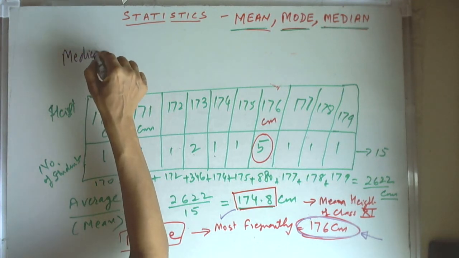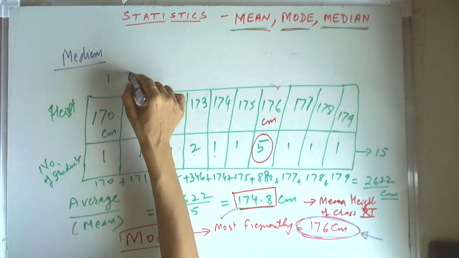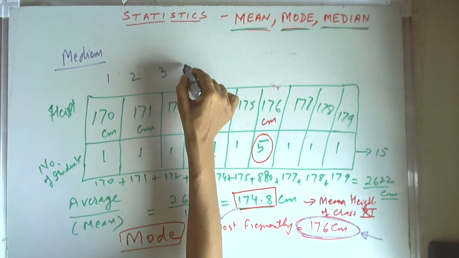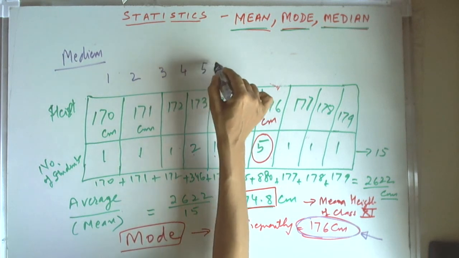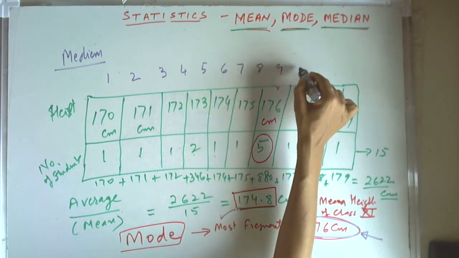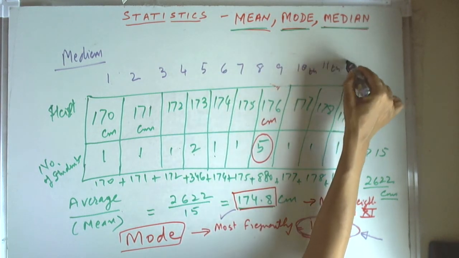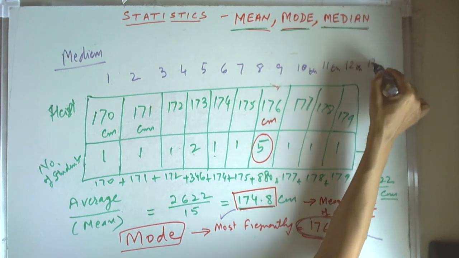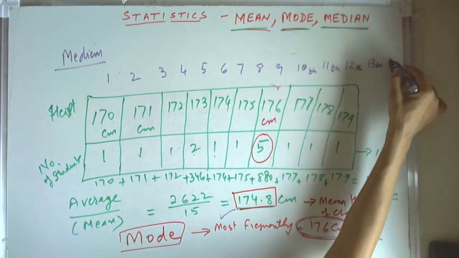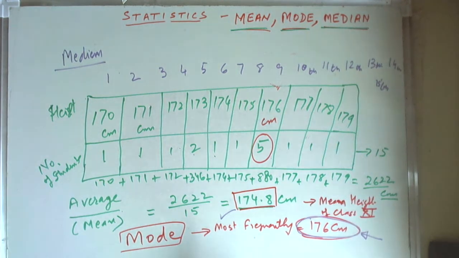We will have to arrange students in order. So this is first, second, third, fourth, fifth, sixth, seventh, eighth, ninth, 10th, 11th, 12th, 13th, 14th, and 15th. So we will take like this.